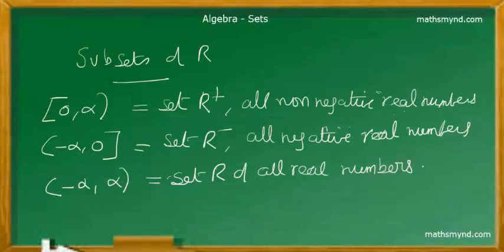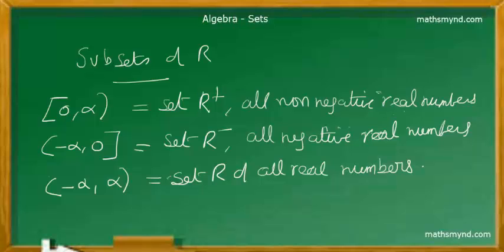Now, when you are taking such subsets of a number line which represents the real numbers, what do the particular brackets denote? Naturally, if it's a closed interval where there's 0 at one end and at the other end it's extending to infinity, it can be easily seen that we are dealing with R plus, that is the set of all non-negative, or the set of all positive real numbers.